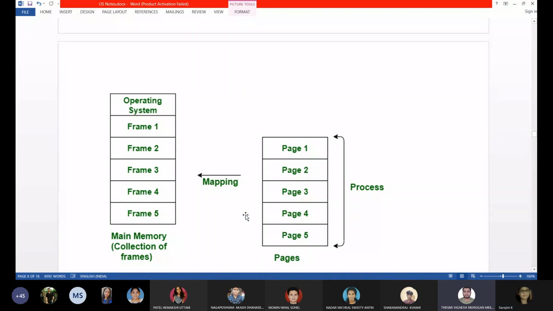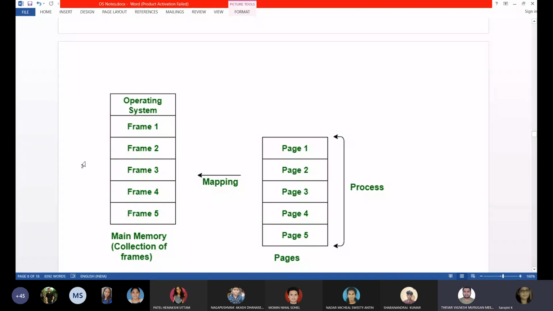Main memory is also divided into fixed size partitions. Those partitions are called frames. Main memory frames, secondary memory pages.